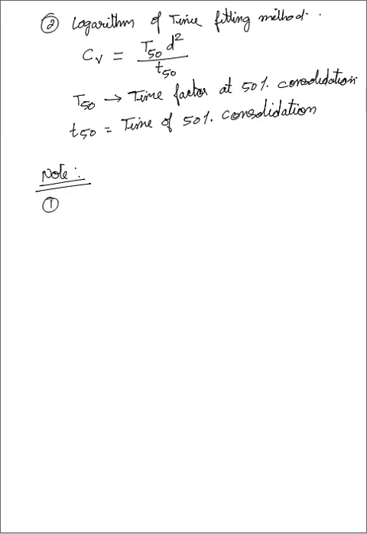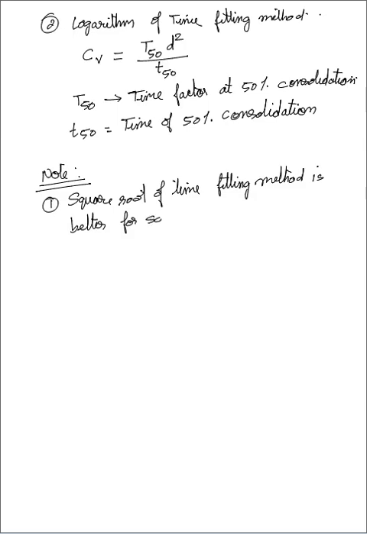They may ask you in your MCQ, so I am writing it down: the square root of time fitting method is better for soil having higher secondary consolidation.